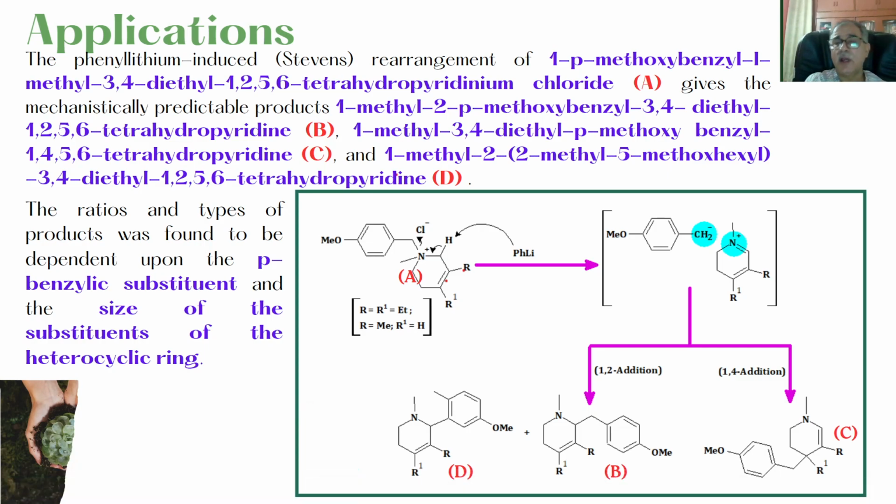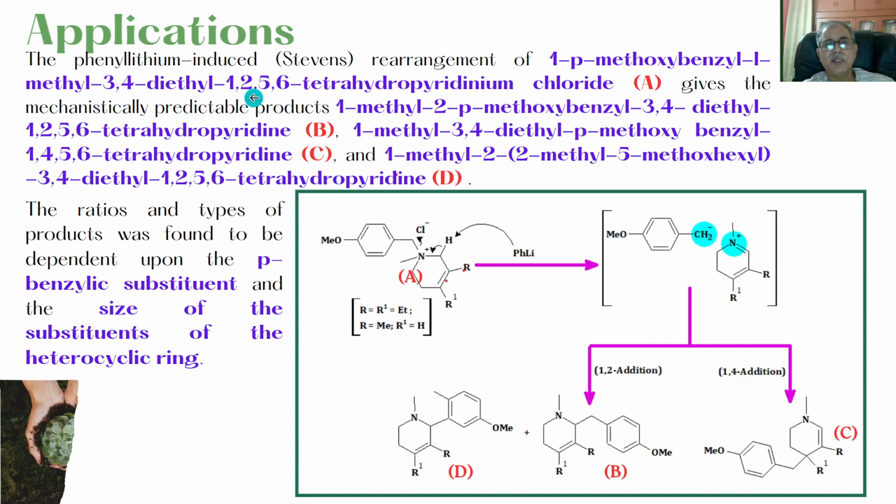Then there are many applications of Stevens rearrangement. One common application is the Stevens rearrangement of these types of benzyl substituted quaternary ammonium salts, for example a p-methoxybenzyl 1-methyl 3,4-diethyl, where R and R1 are ethyl groups.